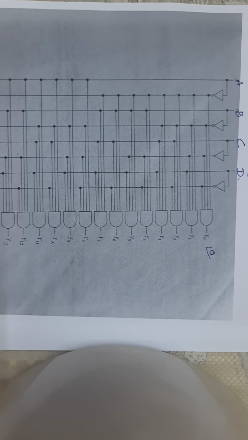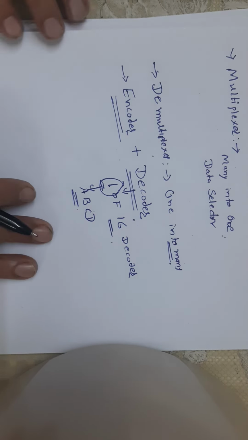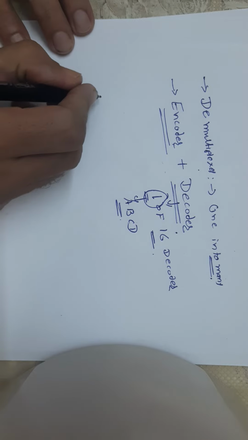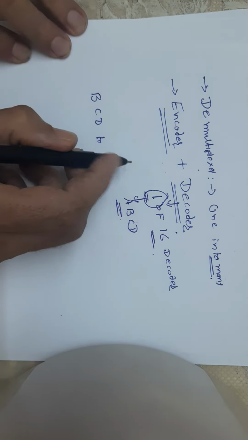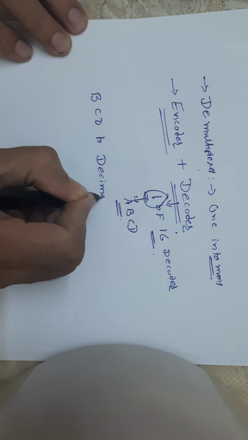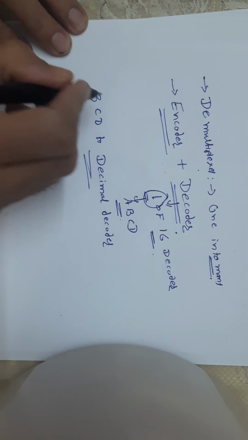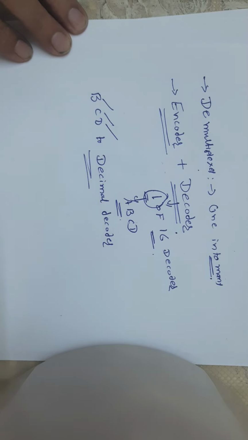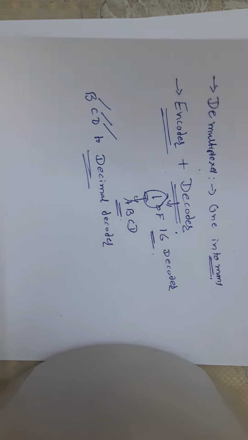Now the next one is the BCD to decimal decoder. BCD means binary coded decimal; BCD is the abbreviation for binary coded decimal.